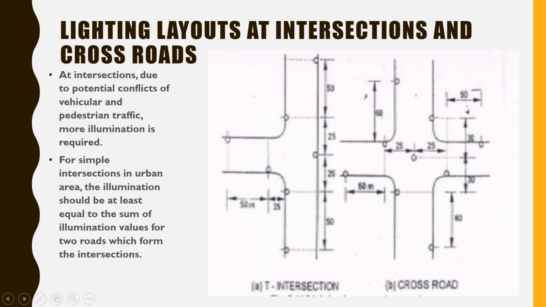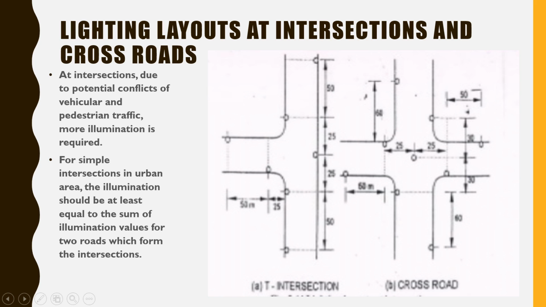Now this one is again 30 meters from the center line, and here it is again 30 meters, so this distance is also 60 meters. And the first light on this road and this light, the horizontal distance center to center, on opposite staggered ends, is 50 meters.